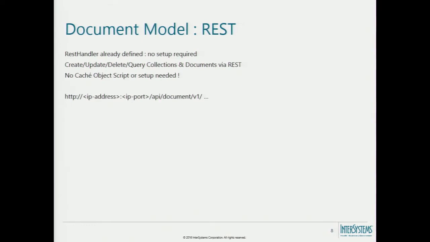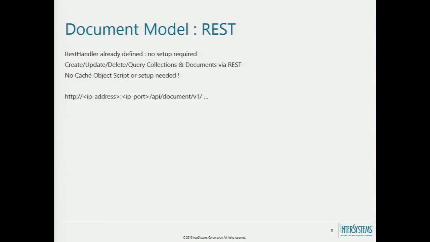Now, all that setup is already done for you here. So if you want to use REST with the document store, we have already done that. If you install Caché 2016.2, the latest field test, you will just see in your web applications that there is one for the document store. So you don't need to do anything there.